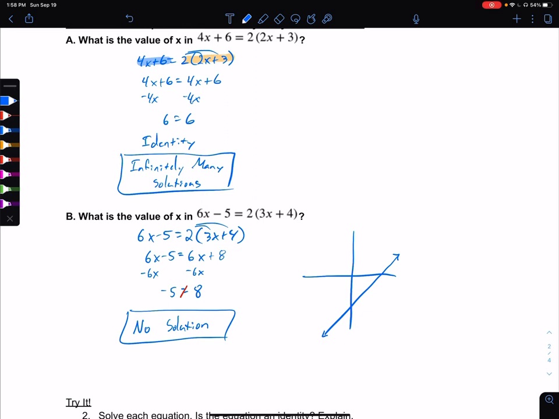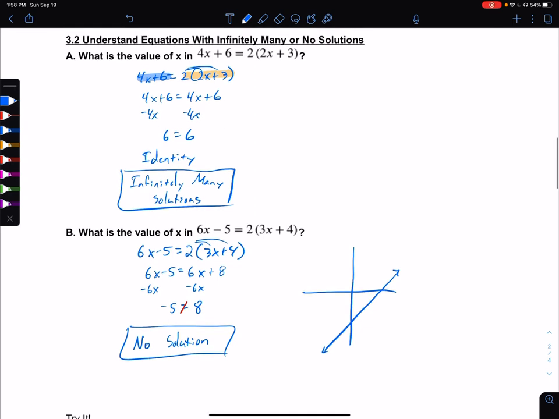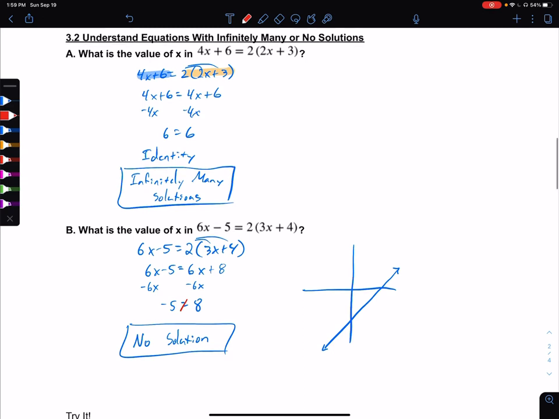Now, when we're looking for solutions, the left and the right sides have to equal one another, and what happens is those two lines are going to intersect. In part A, they overlap the entire time, so that's why there are infinitely many solutions. But here in part B, these two sides are parallel to one another, so they're never going to intersect. And if they don't intersect, we can't have a solution.